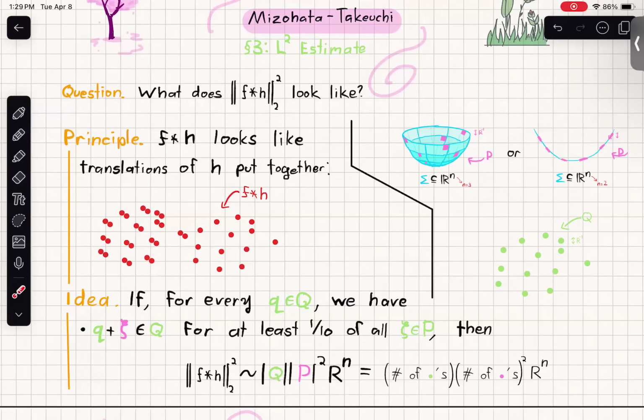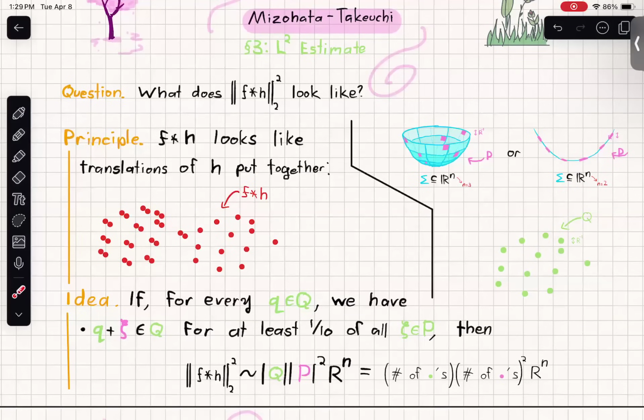So I can say that again: if we are picking this thing up and we translate it, most of the time, or 10% is not most of the time, but it's close enough, it almost most of the time lands on itself. Then we're just taking P copies of this set and it lands on top of itself and it's sort of stacking up.